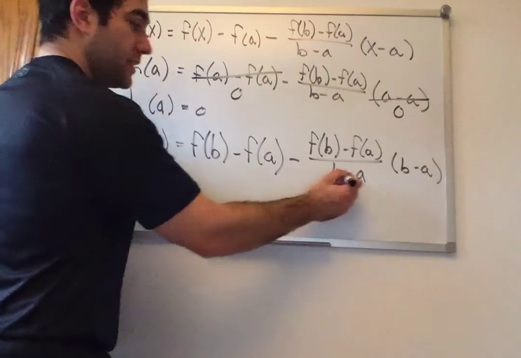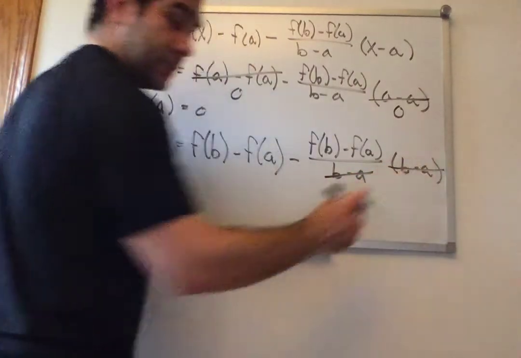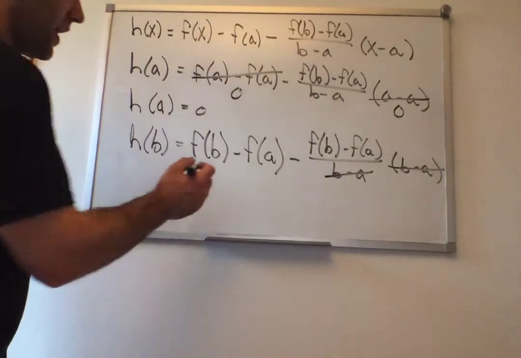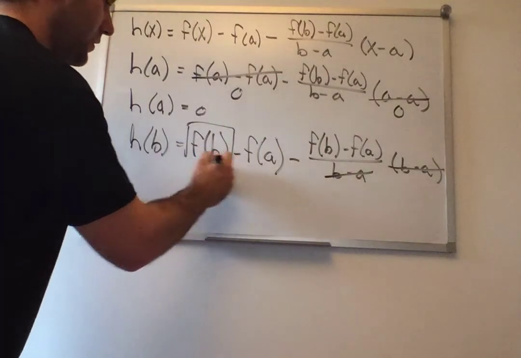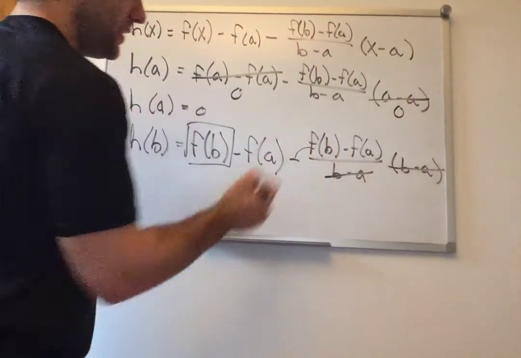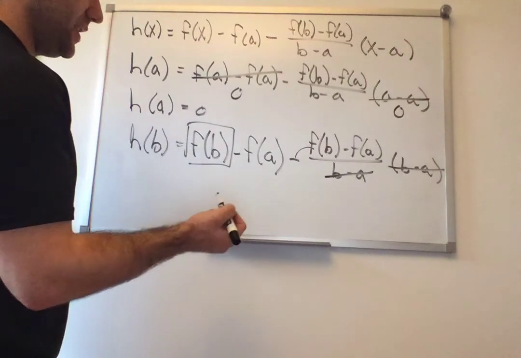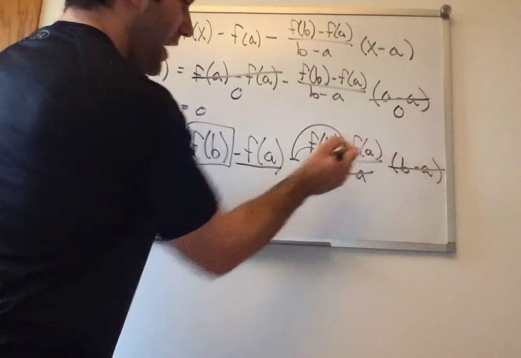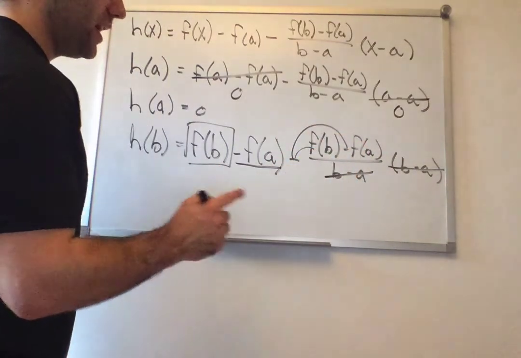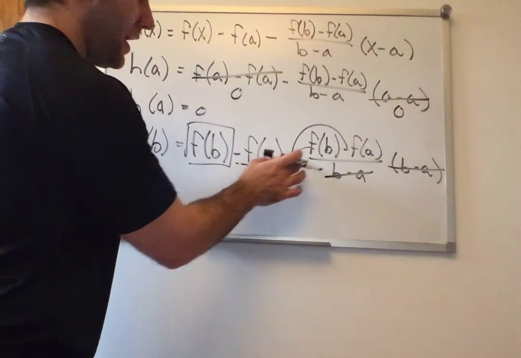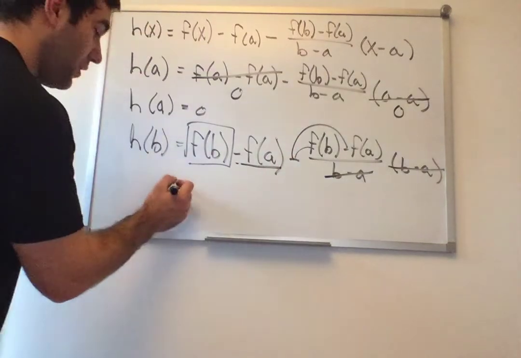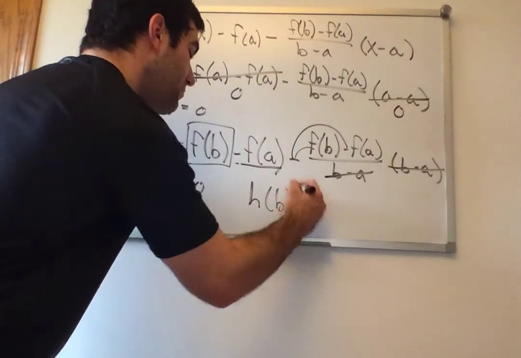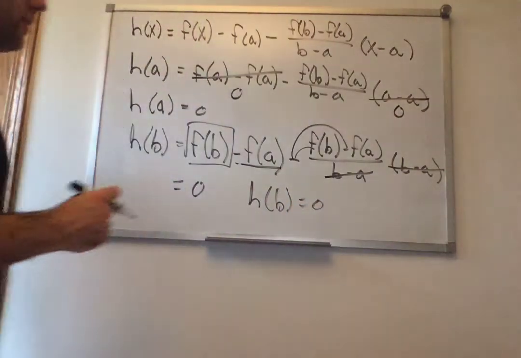This b minus a cancels with this b minus a. So now you've got f of b minus f of b, which is 0. You've got f of a minus a minus, so that's a plus. So negative f of a plus f of a, that's a 0. So you've got h of b equaling 0 as well.